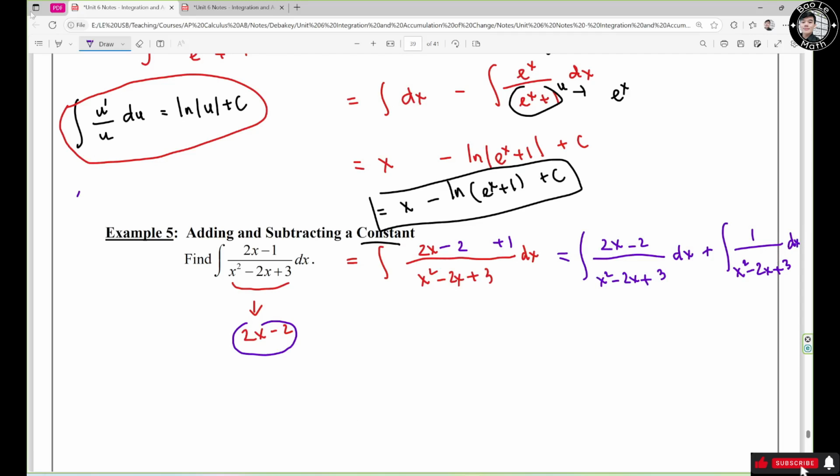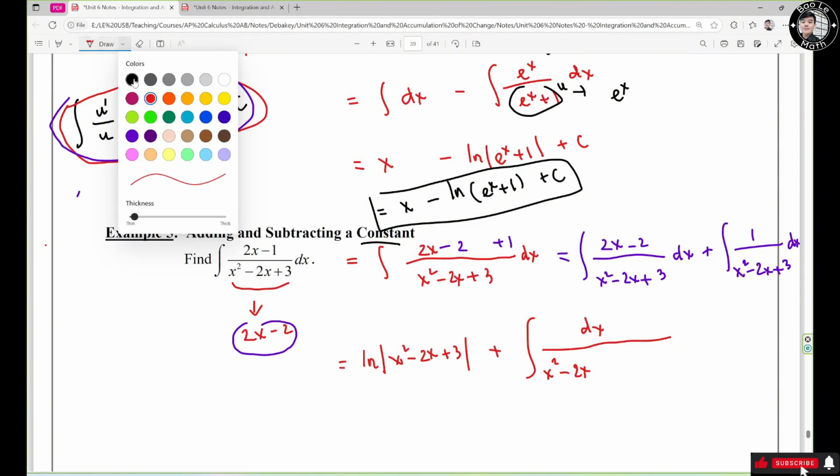Now, the first one right here, I can apply the formula directly. So it's going to be natural log of absolute value of s squared minus 2s plus 3. And this one right here becomes antiderivative of ds over, now I have s squared minus 2s, I just rewrite it.